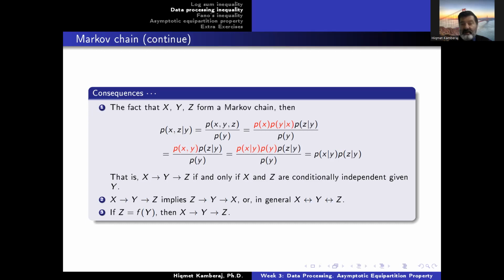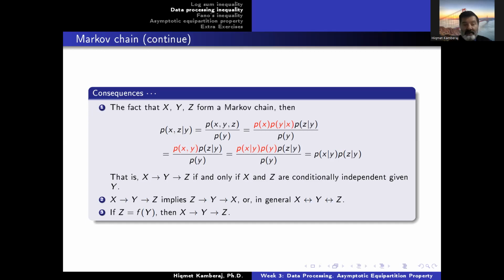I can simplify p of y over p of y, then I arrive at p of x given y times p of z given y. This indicates that x, y, z form a Markov chain if and only if x and z are conditionally independent, given y.